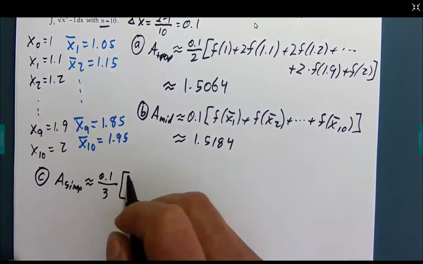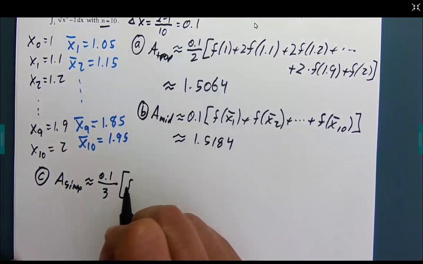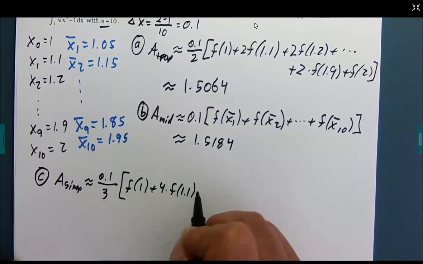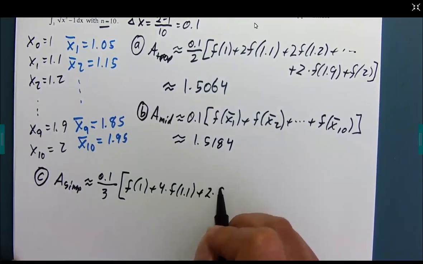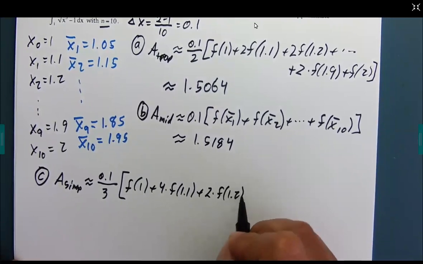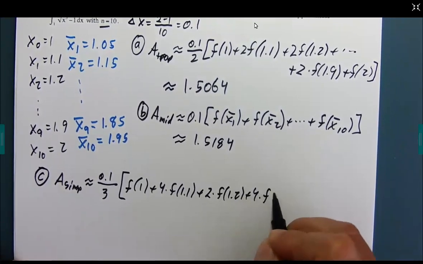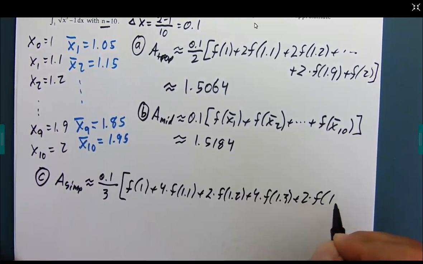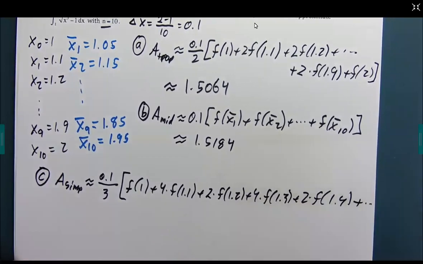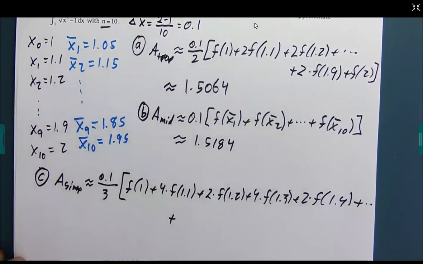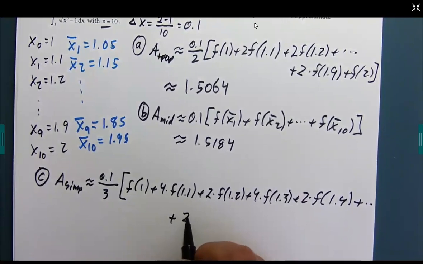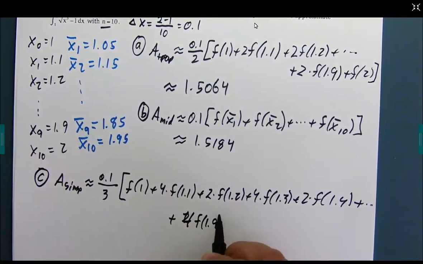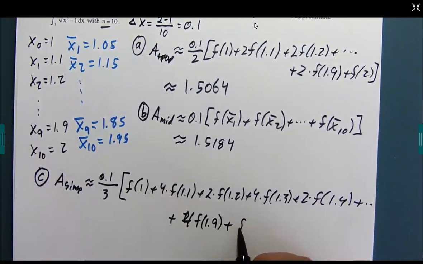Then f of 1 plus 4 times f of 1.1 plus 2 times f of 1.2 plus 4 times f of 1.3 plus 2 times f of 1.4 plus ... plus 4 times f of 1.9 plus regular old f of 2.